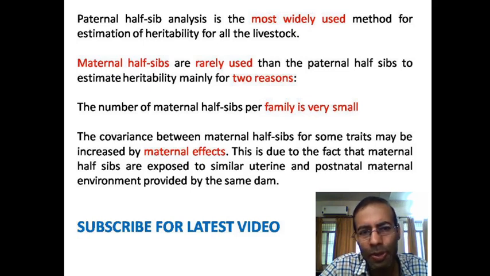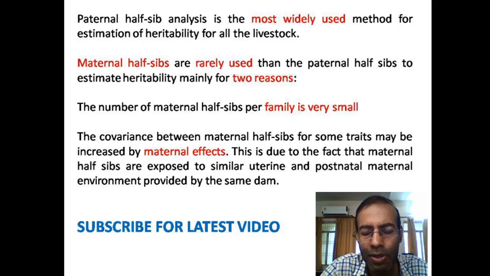Maternal half-sib analysis is rarely used because of two reasons. The first and the most important is that the maternal half-sib family is very small. We have a very small number of maternal half-sibs, so the heritability value which we estimate from this approach is not a very correct estimate.